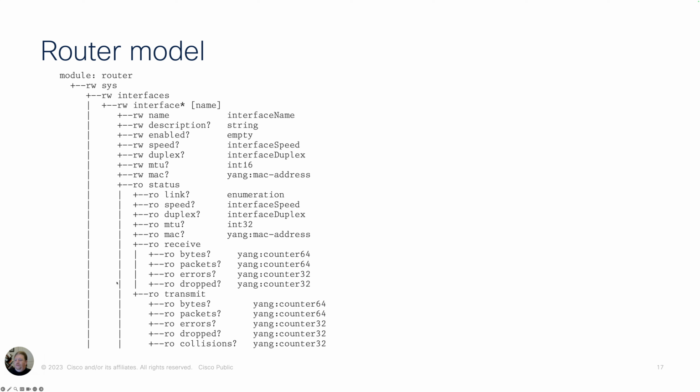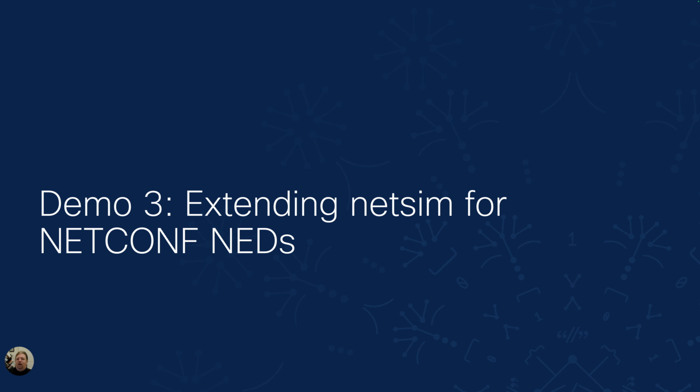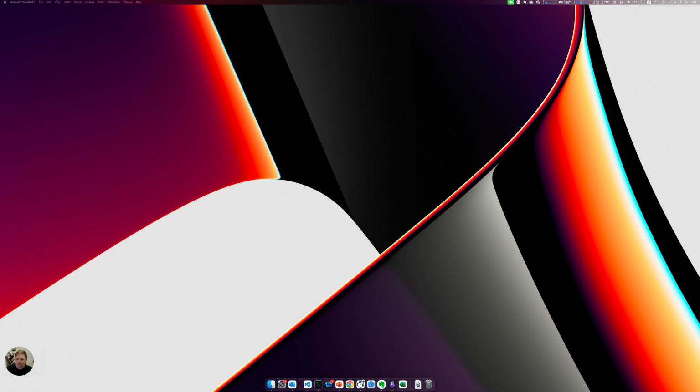So for each interface, there is a status container with some speeds, some link status, etc. With that little bit of preamble, let's jump straight into our third little demo, extending Netsims for NETCONF NEDs.